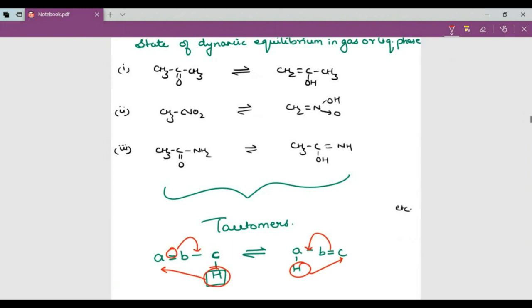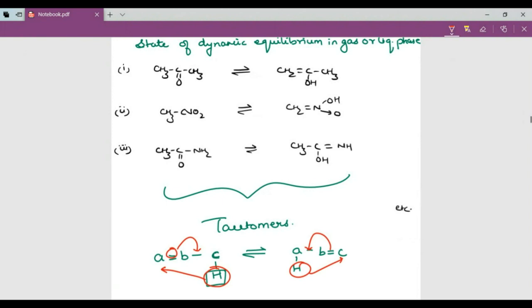So there is a continuous exchange, between relative positions 1 and 3 atoms, of the hydrogen atom and the pi bond. That is the general criterion we need to check for a compound to exhibit tautomerism. If a compound has this type of system, then yes, it can exhibit tautomerism.